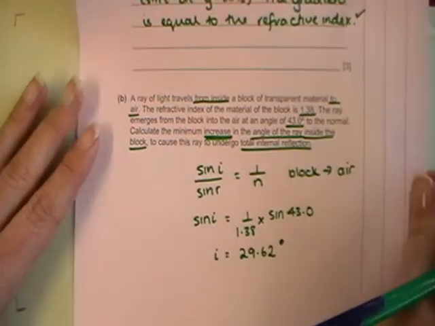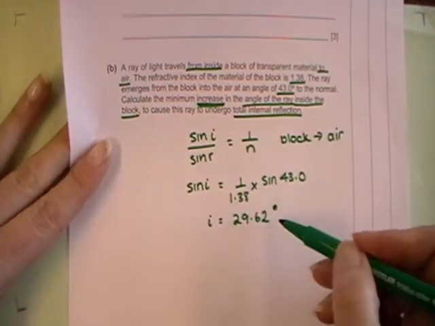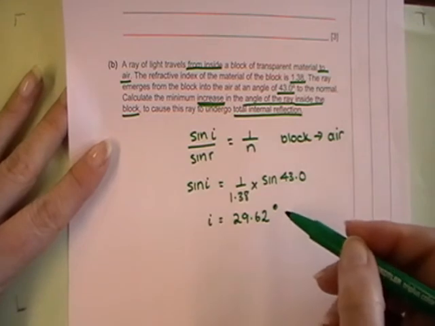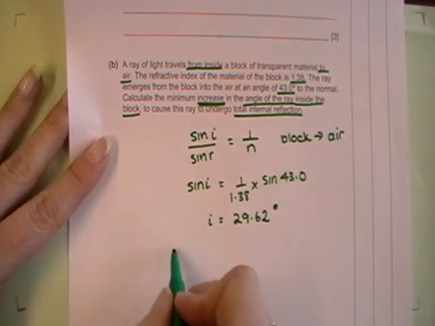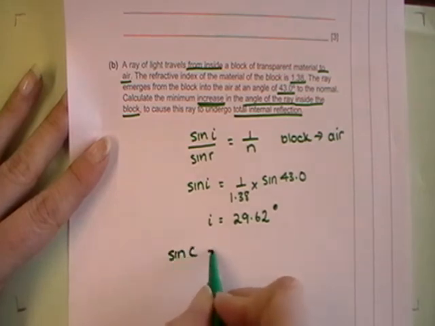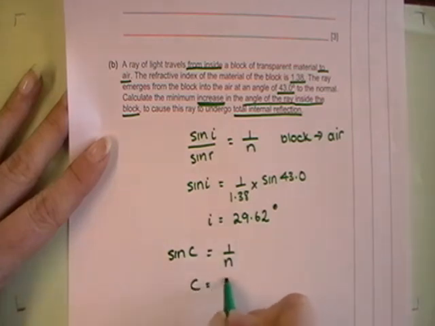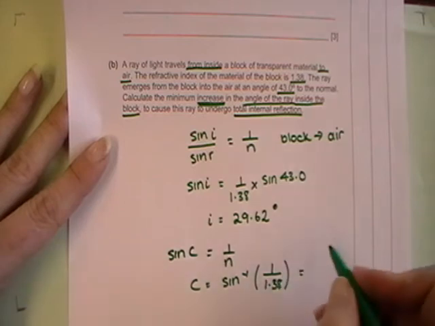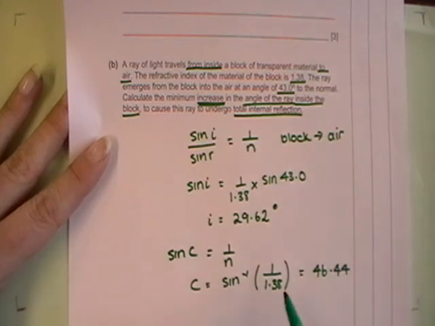We also need to therefore know what the critical angle is, because we want to increase our angle of incidence to be just equal to the critical angle, and above which point then we will have total internal reflection. So sine of C is equal to 1 over n. So C is equal to the inverse sine of 1 over 1.38. And that gives us a critical angle of 46.44.